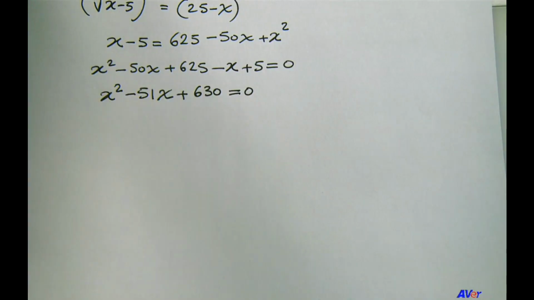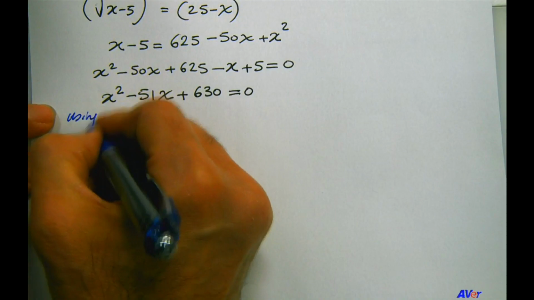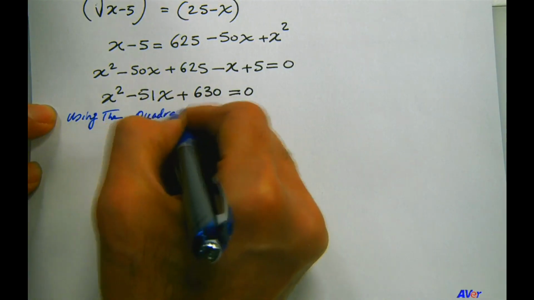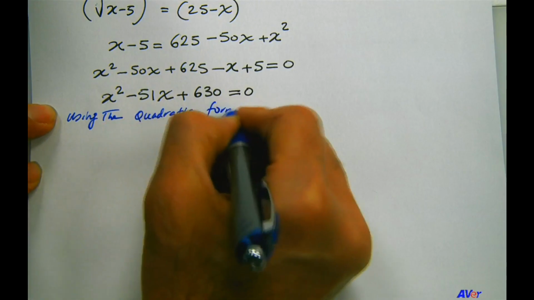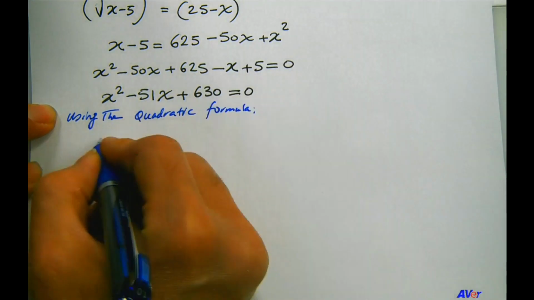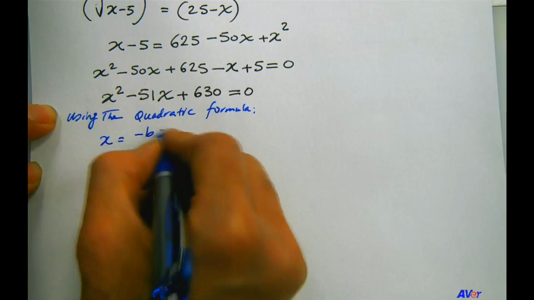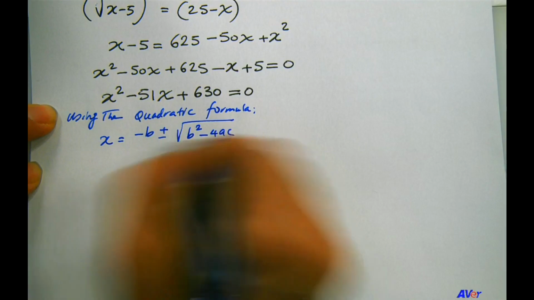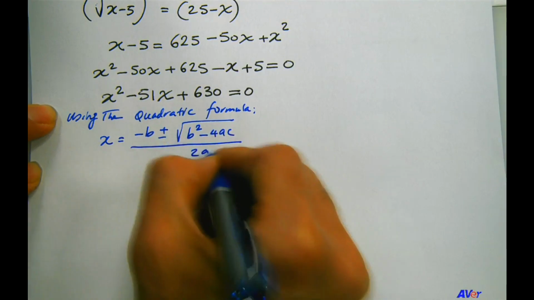So we have x equals minus b plus or minus square root of b squared minus 4ac over 2a.